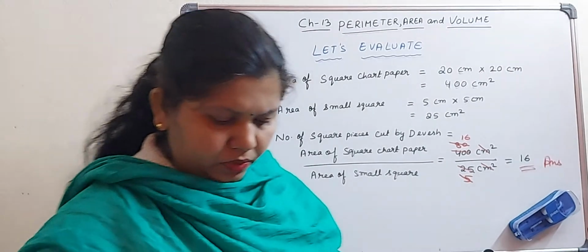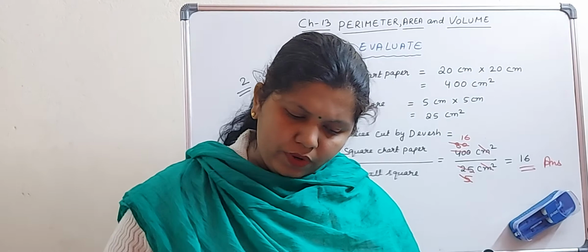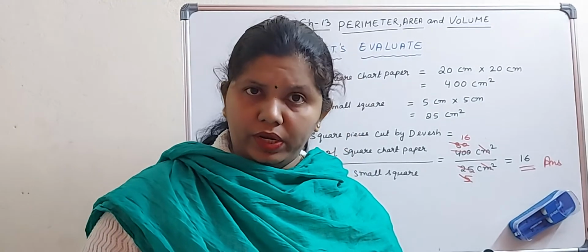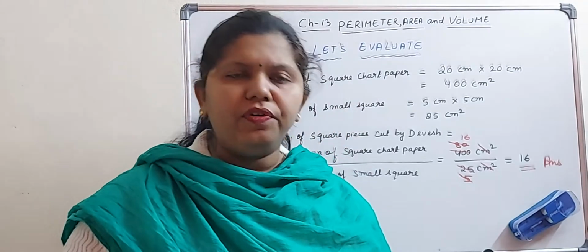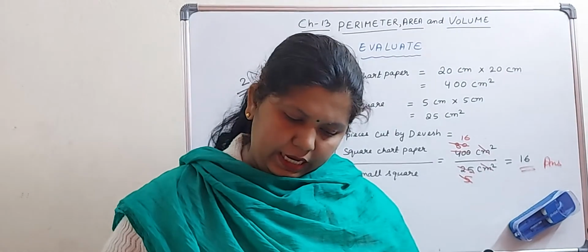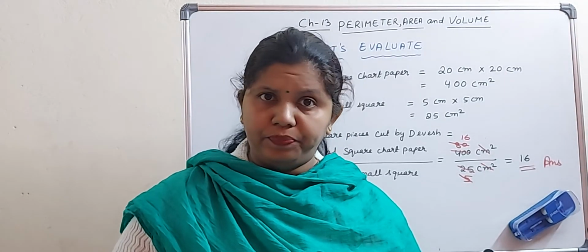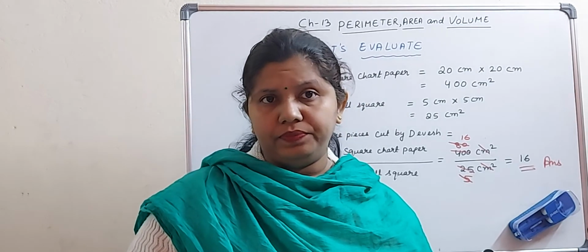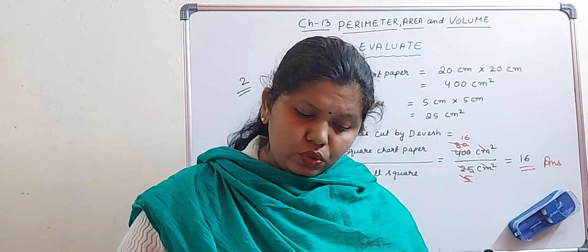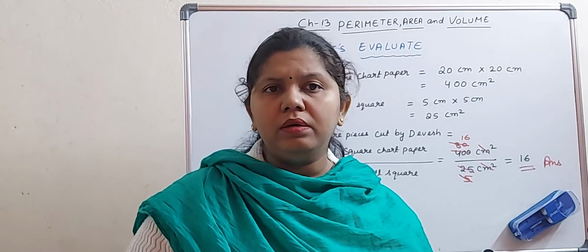Now we move to the next question, that is number 3 of let's evaluate. The question is, perimeter of a square shaped box is 72 centimeter and what is its area? Okay, it is a square shaped box, children.